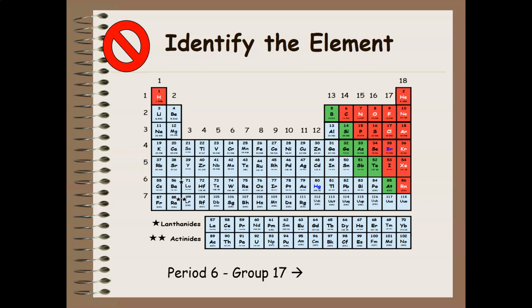Period 6, group 17. Sometimes we mix up the order. We don't always say the group first. Period 6, group 17. There we go.